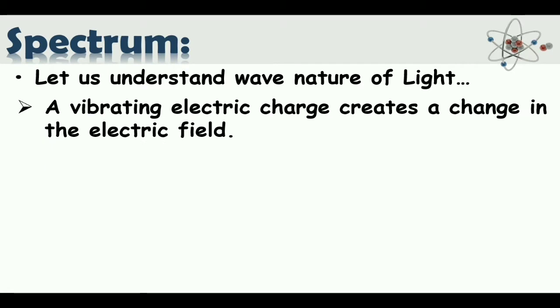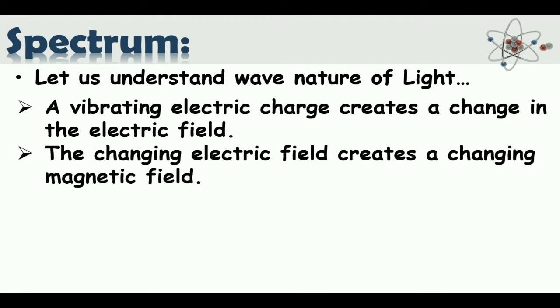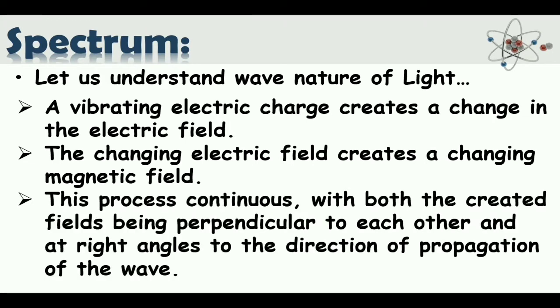A vibrating electric charge creates a change in the electric field. The changing electric field again creates a changing magnetic field. So this process continues with both the created fields being perpendicular to each other and at right angles to the direction of propagation of the wave.